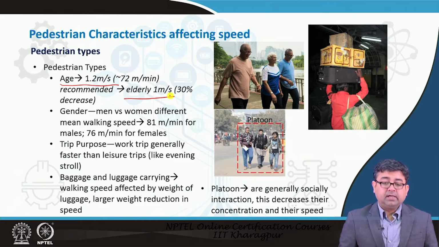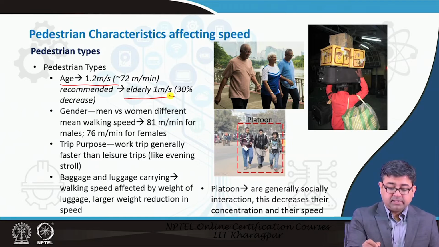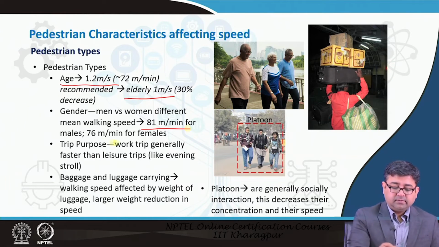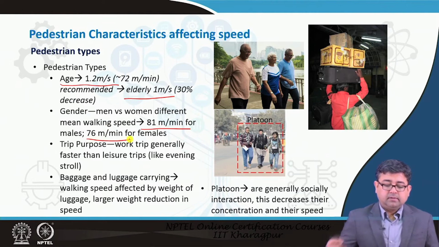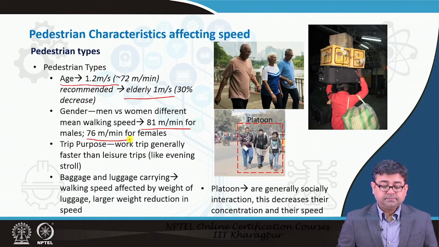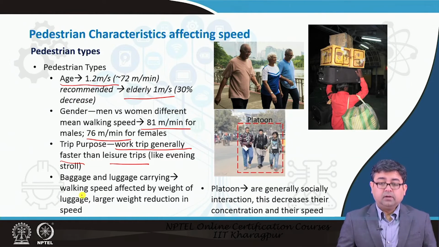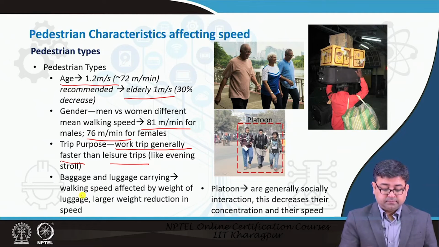Now, when it comes to gender, men versus women, the mean walking speed of men is about 81 meters per minute, whereas women walk a little bit slower at 76 meters per minute. When it comes to trip purpose, work trips, like we discussed already, generally are faster than leisure trips, and of course, if you have baggage, you are walking much slower than if you do not have baggage.